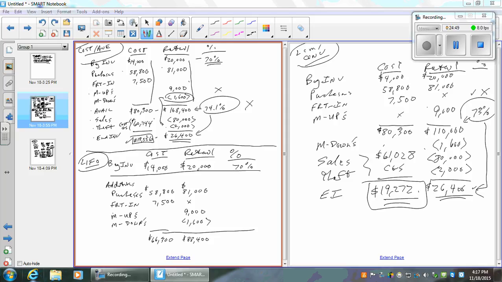What's my cost-to-retail percentage for the new layer? 75. Okay, so the cost went up relative to the sales price. Everybody good? Now what do you want to do?